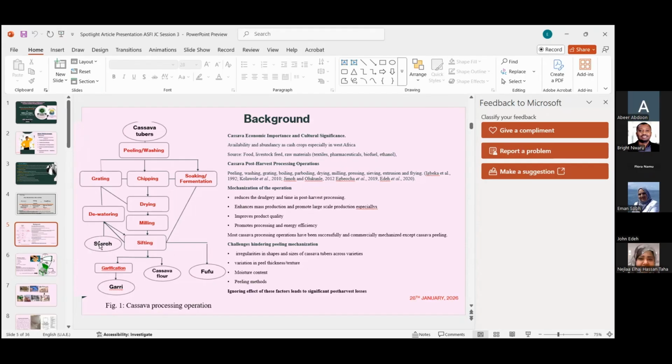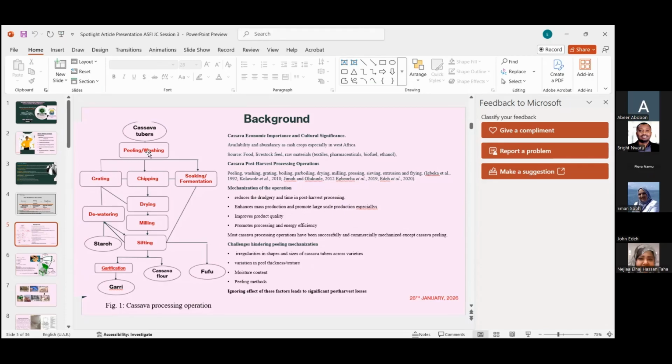So we are at this point of operation, where before any of these other products are realized, peeling has to take place. That is why it occupies the position immediately after harvest. It is the first post-harvest operation that precedes any other operation: cassava peeling.